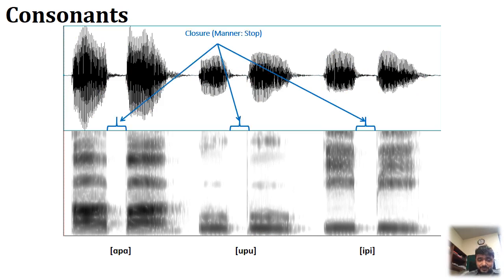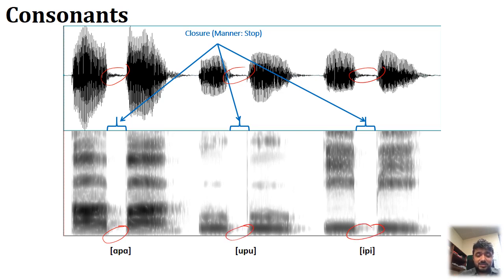the closure. So closure is when the lips are closed. When we close our lips, the only sound that is coming out possibly is through the skin. So this is a very low energy zone. If it's a voiced stop, there would be some energy, at least higher energy than this. But because pa is unvoiced, you don't see any voicing bands here.